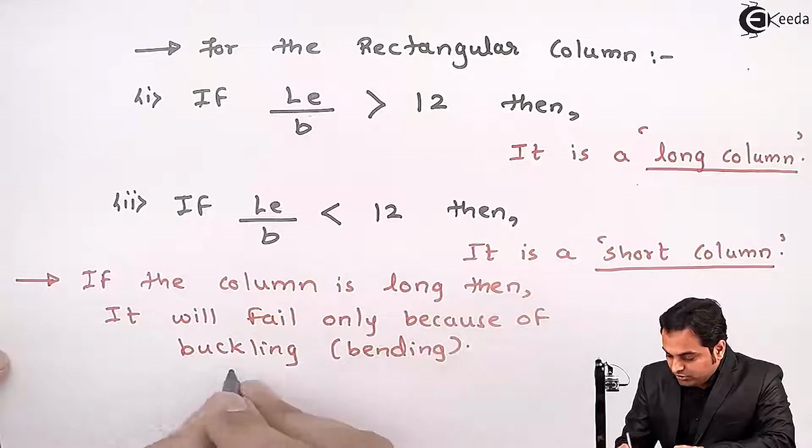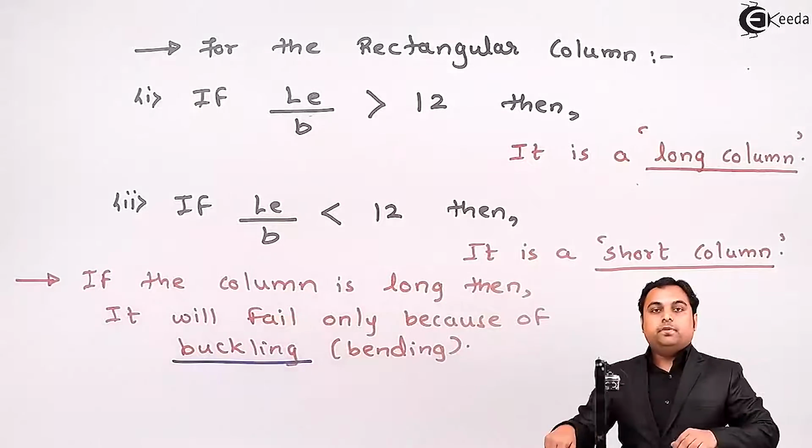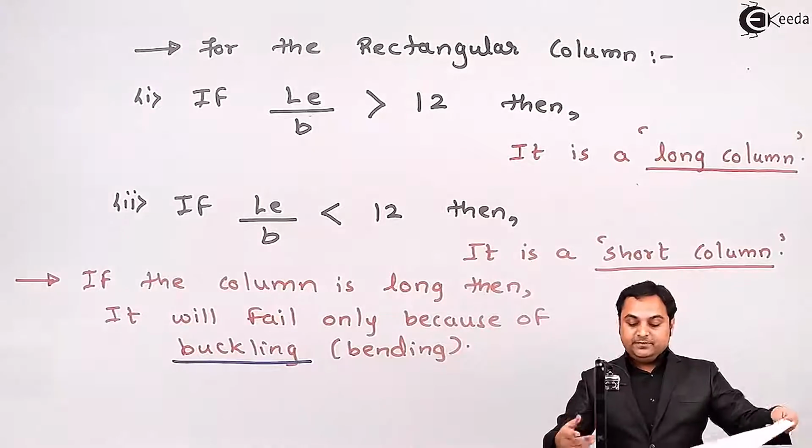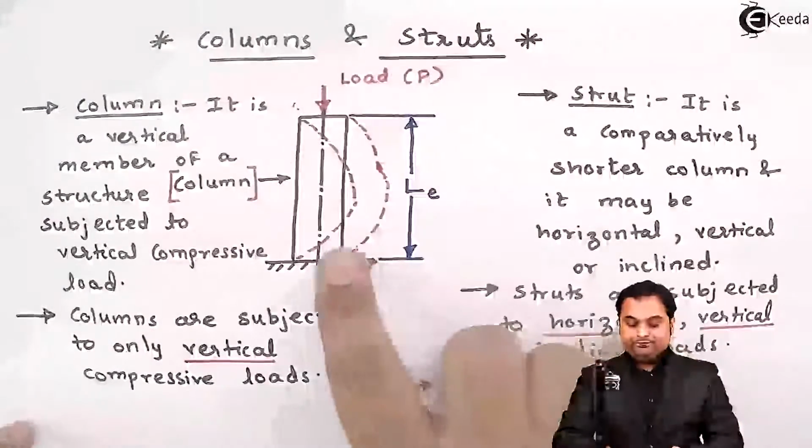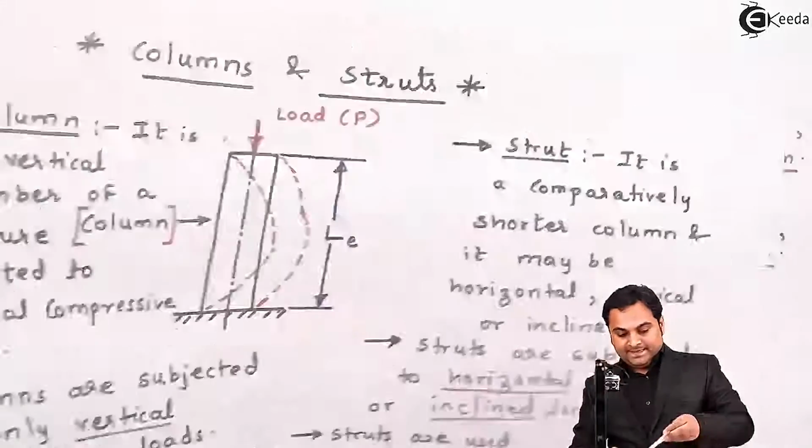So long columns will fail only because of buckling, that is bending, and that bending will be in such a form. This is the buckling of the column.